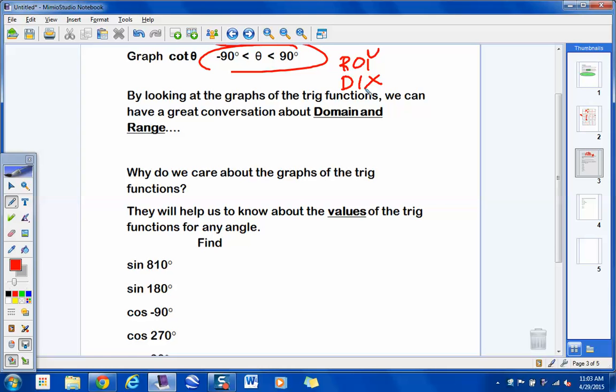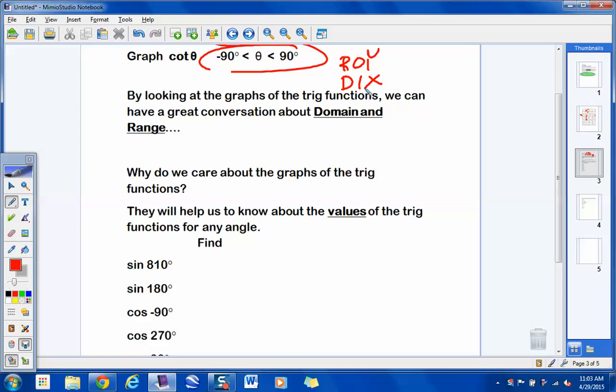Make sense? See how it all ties? The domain is an input value, which is an x value. The range is an output value, which is a y value. Remember that?